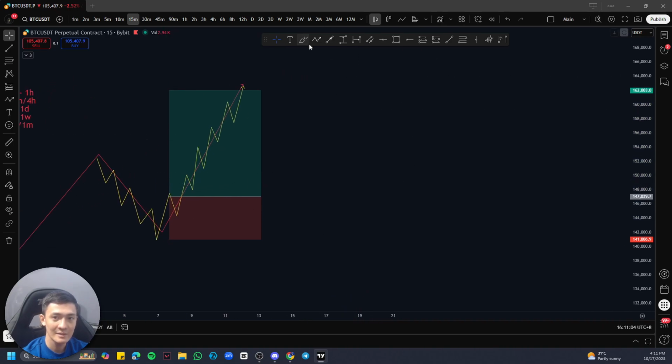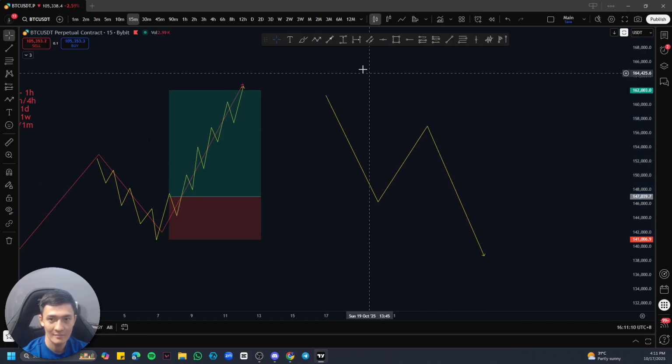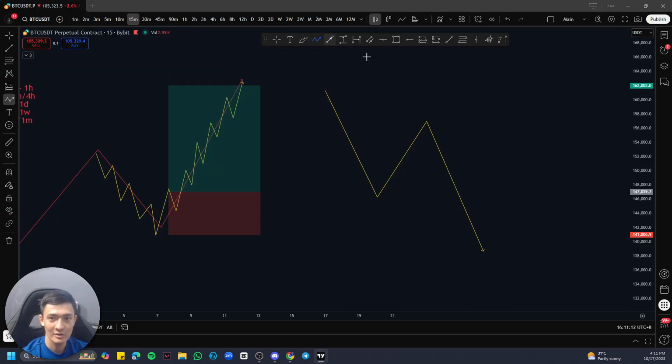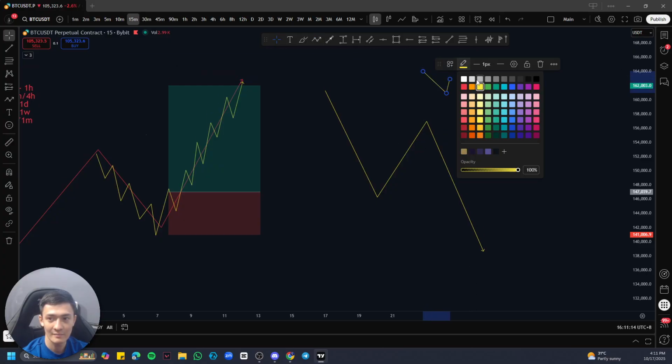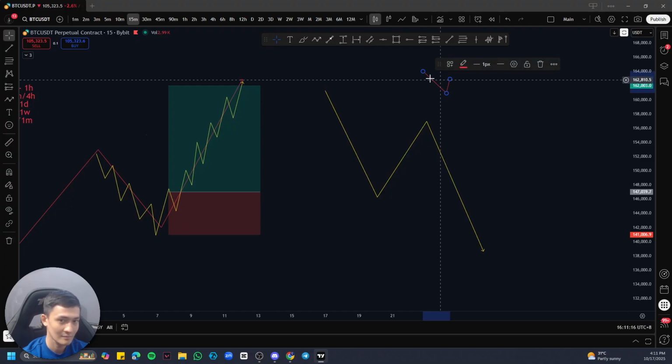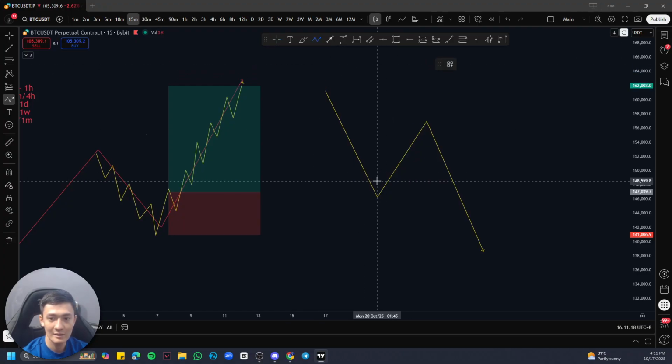Okay, same thing if we're in a downtrend on the higher time frame, we want to get that alignment.